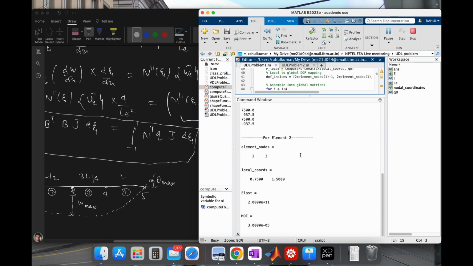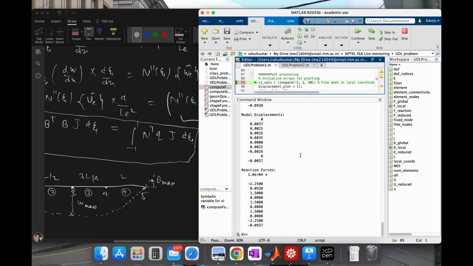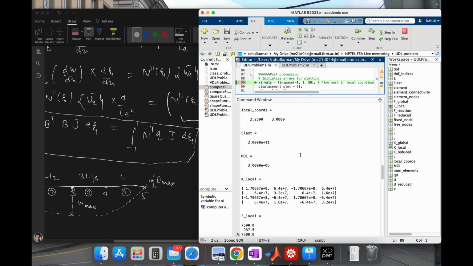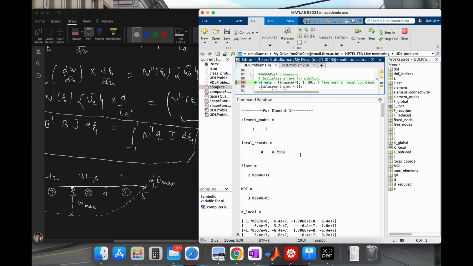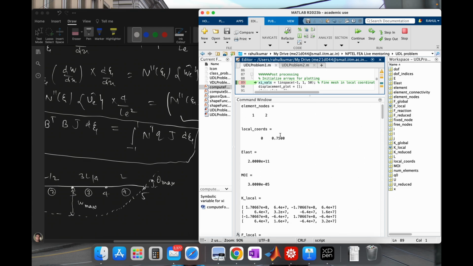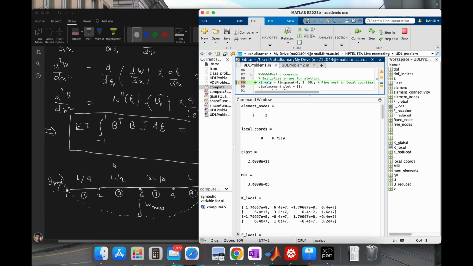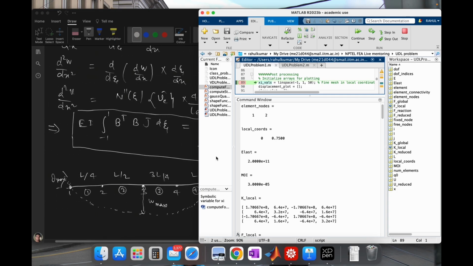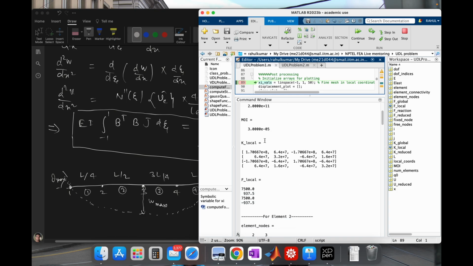So it is running. This is for node 1, and this is the local coordinate, because L is 3, so that's why 0.75. This is the modulus of elasticity.